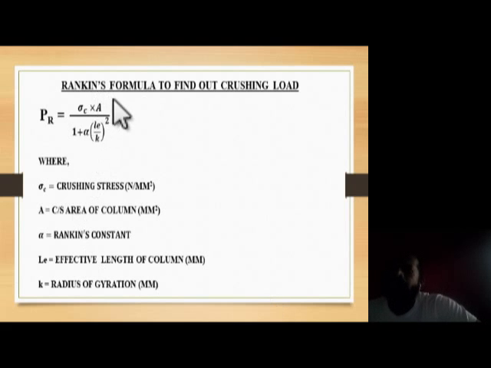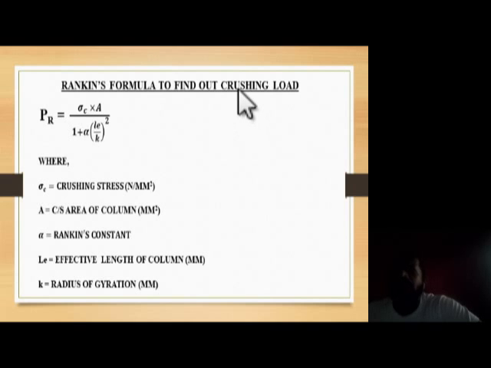Euler's formula is used to find out the Euler's crippling load of a column which is long. But if you have a column which is either long or short, at that time you have to use Rankine's formula to find out the crushing load. Crushing load means a short column fails by crushing.